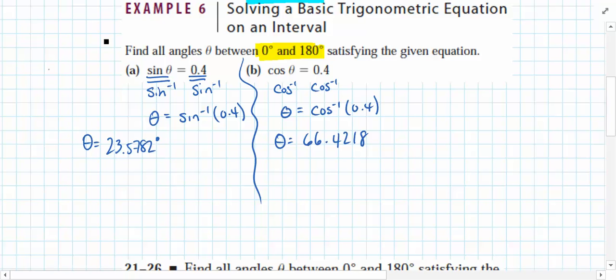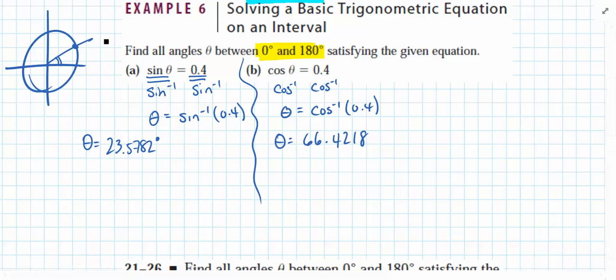I'm going to draw this unit circle just a little bit larger. And what we have to remind ourselves is that the sine value is the y value of a coordinate on the unit circle. Now I'm just going to create a quick sketch here. This angle measure theta might have a y value of 0.4. But that's not the only one between 0 and 180 degrees that has a y value of 0.4.